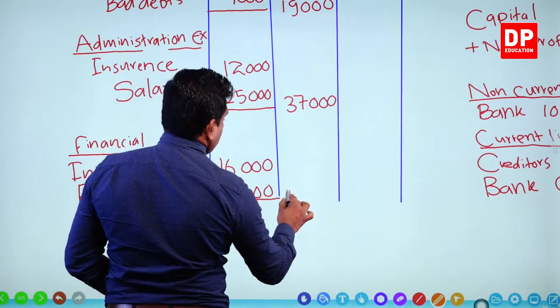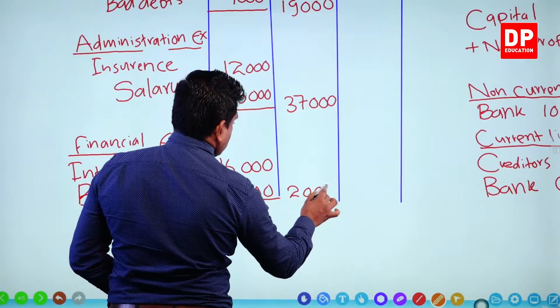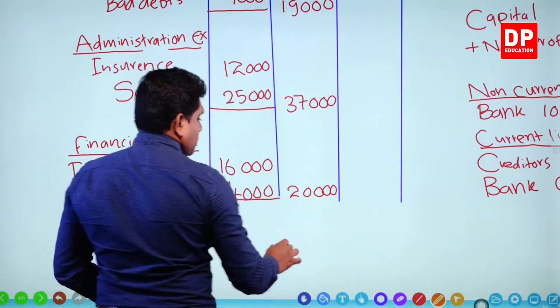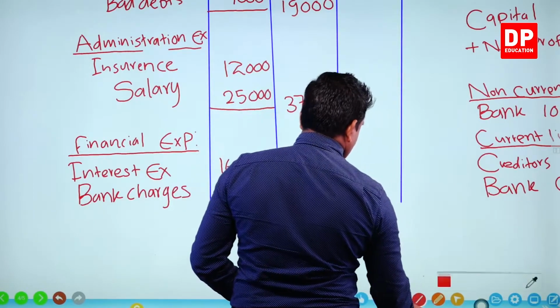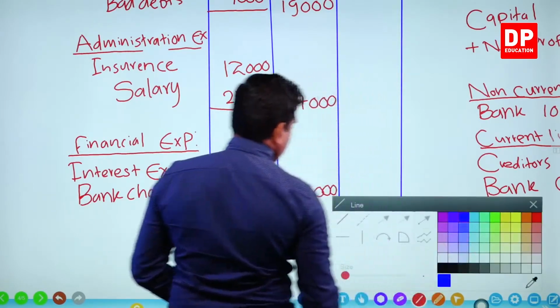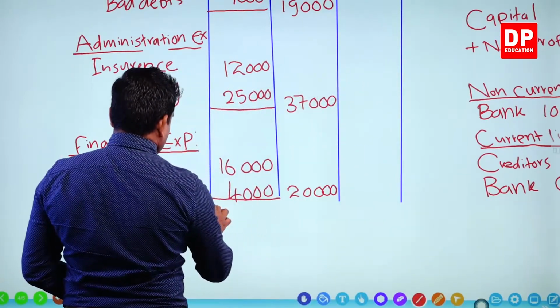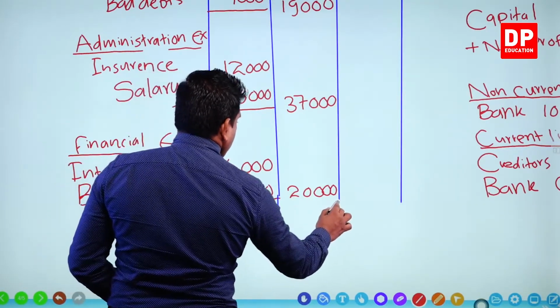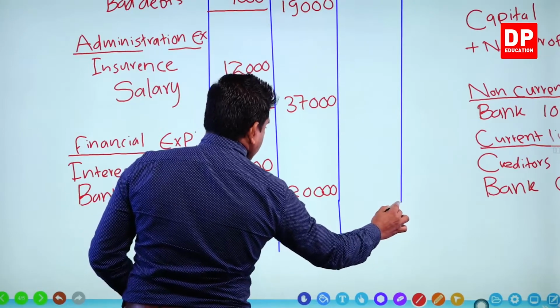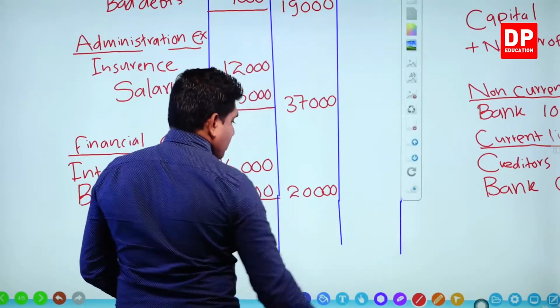Then it's better if you can expand these columns a little bit. Why? Because we have to calculate the net profit, no? Right, okay.